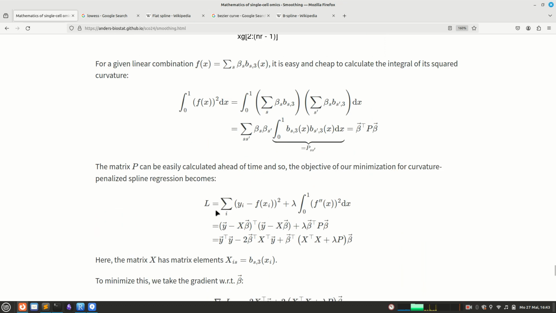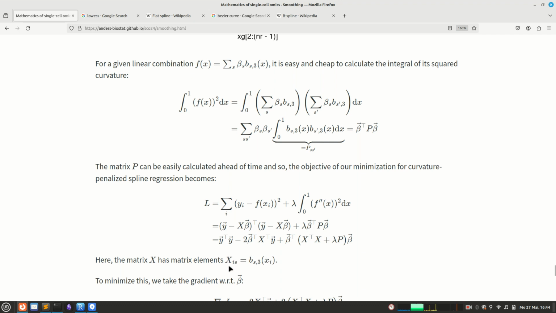So if we go back to our total objective function, we said we want to minimize this term L here, which is the least square sum, and the curvature integral. The least square sum, we can say, we take here this matrix X, and the matrix X is the matrix formed by evaluating the m basis functions on the n x values of the data.